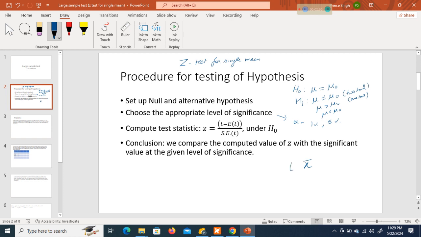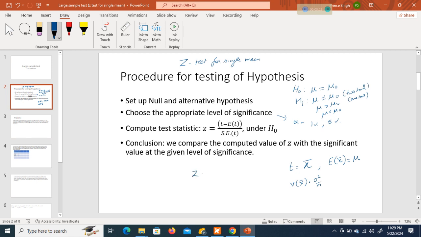So our test statistic T is x bar, and we know that the sample mean is the unbiased estimator of population mean. So expectation of x bar is mu, and the variance of x bar is equal to sigma square upon n. We are going to use all these terminologies to calculate the test statistic.